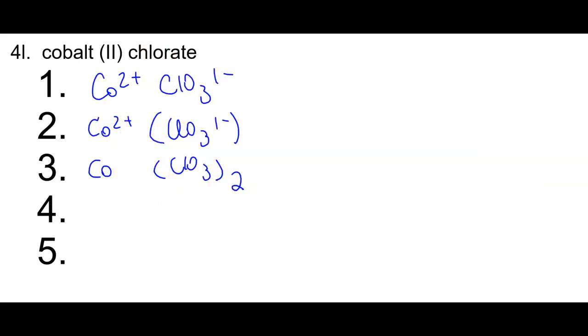Should have brought this 1 down here and the 2 down there. Sorry, rushing and getting ahead of myself. Apologize for that. Nothing to reduce. Cobalt would stay. I'm going to clean that up a little bit. Parentheses would have to stay because it is followed by a 2.